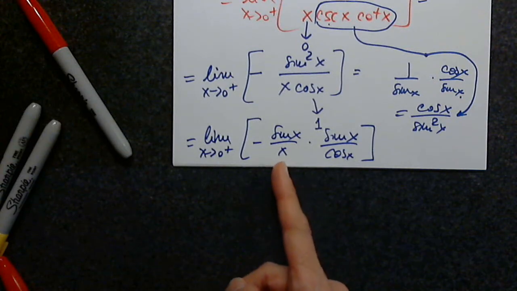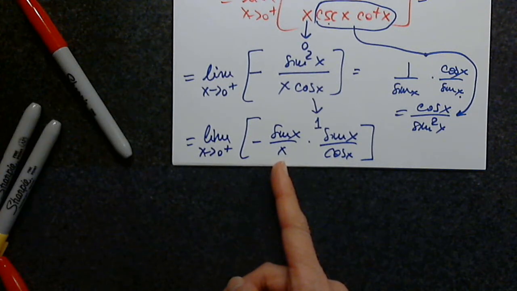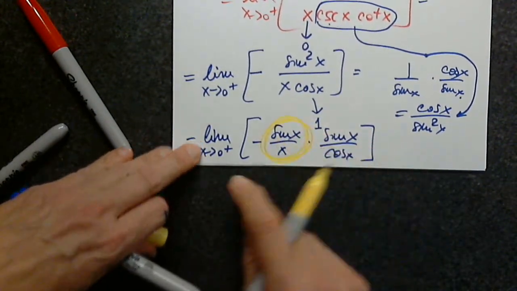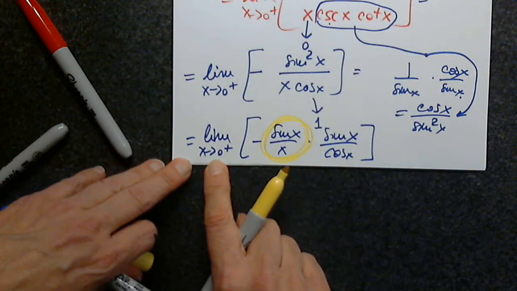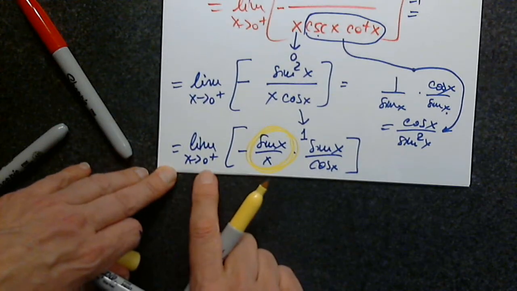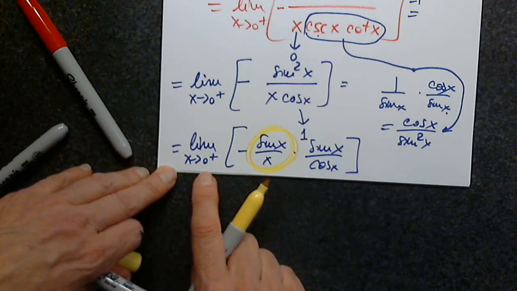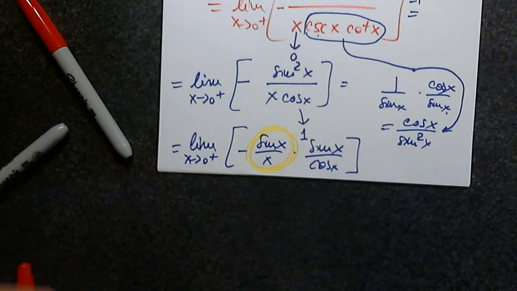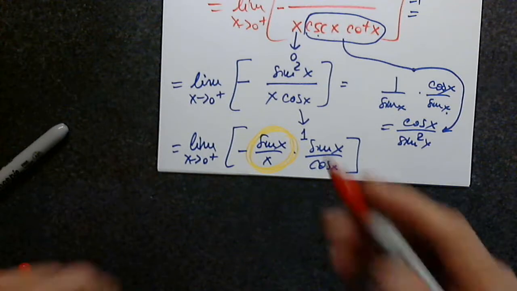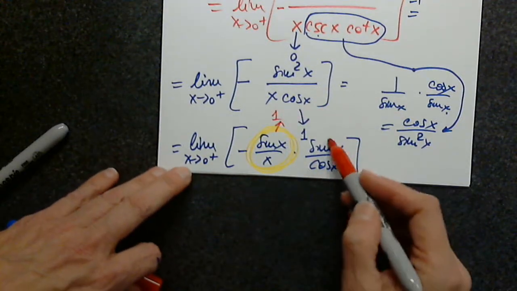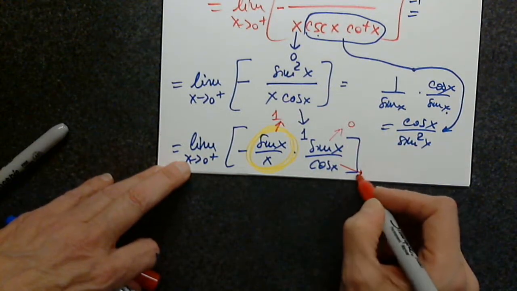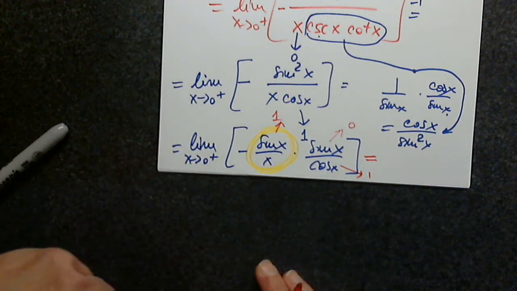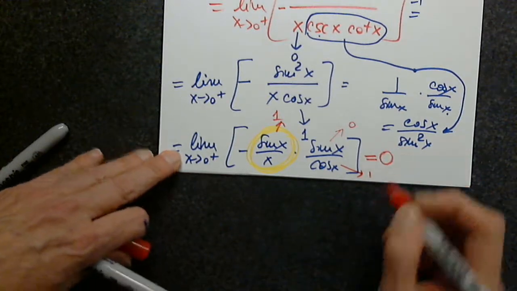Where does this go? Careful. Exactly. This goes to 1, as x approaches 0 from either side. So this approaches 1, this approaches 0, and this approaches 1. So therefore, the final answer is, that's it.